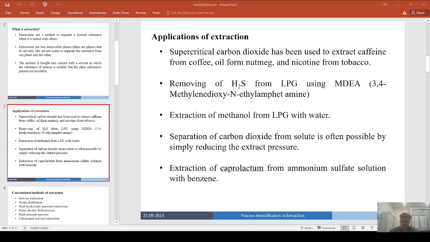Vegetable materials contain only a small amount of active solute, but in most cases the high value of the active compounds justifies the development of high-performance separation processes.